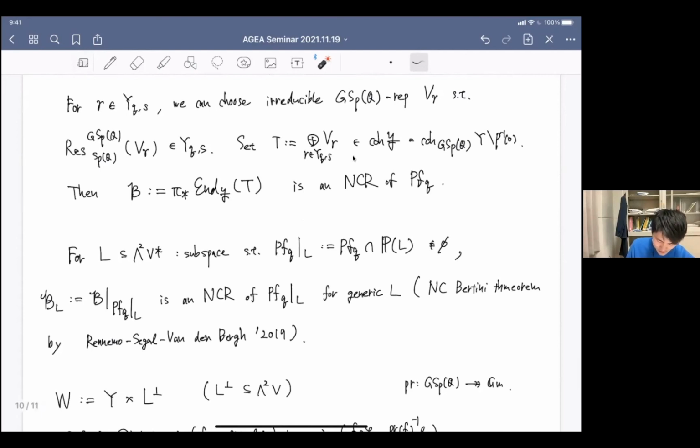Then the restriction of B to L is a non-commutative resolution of the linear section of the Pfaffian variety for generic L. This follows from a non-commutative version of Bertini's theorem, proved by Rennemo, Segal, and Spenko-Van den Bergh in 2019.